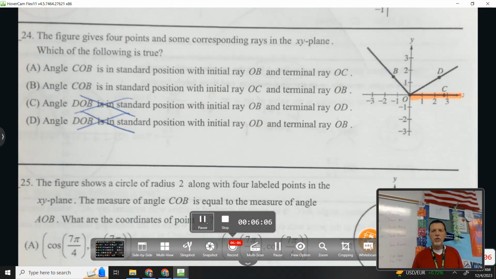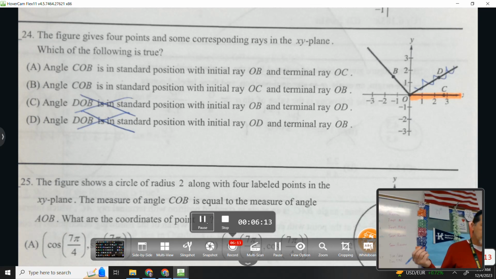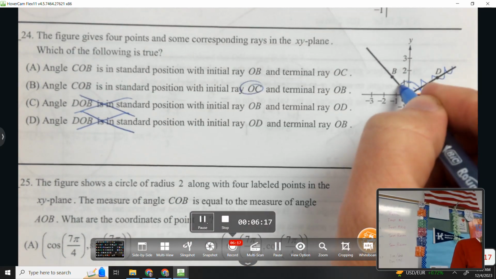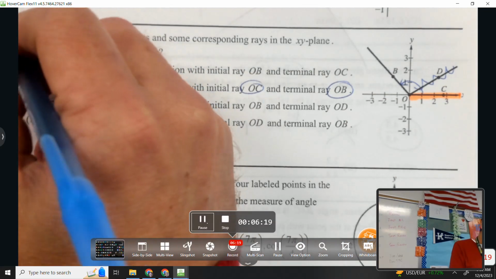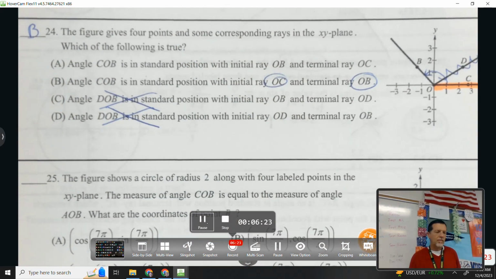Initial ray and terminal ray. Okay, so which one's the initial ray for angle COB? OC. So the initial ray is OC, and it ends at OB.